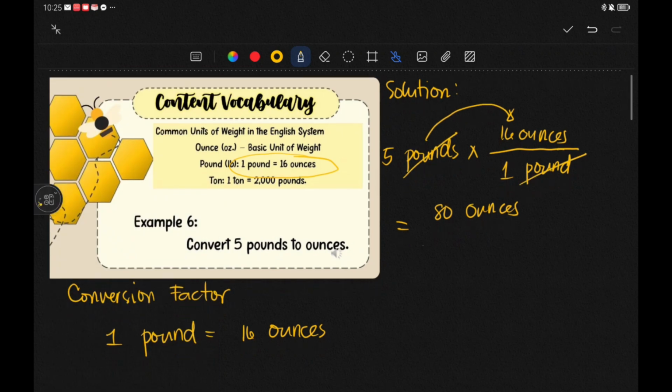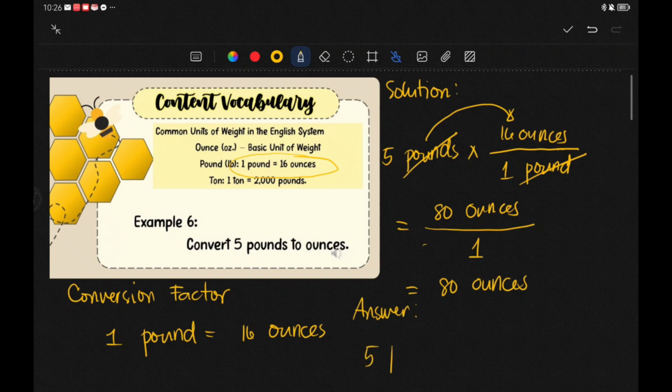Cancel out pound over 1. So therefore 80 divided by 1, that's 80 again. Therefore our answer is 5 pounds is equal to 80 ounces.